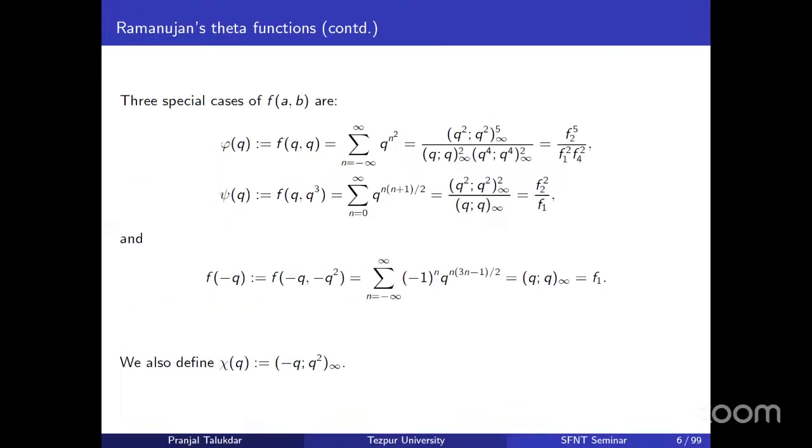We now mention three special cases of f(a,b), which will be vital in today's talk. The first one is φ(q), where a and b are replaced by q. Next is ψ(q), with a replaced by q and b replaced by q cubed. And the last one is f(-q). We also define χ(q) to be this infinite product.